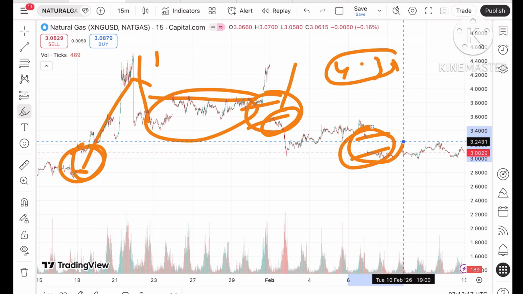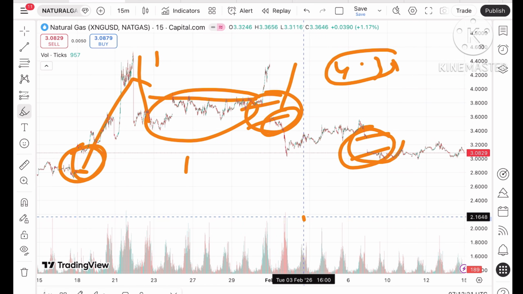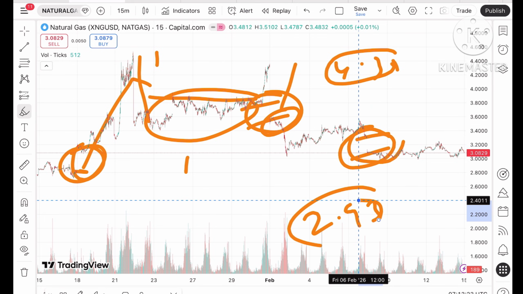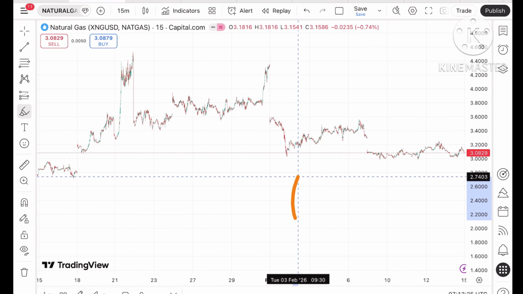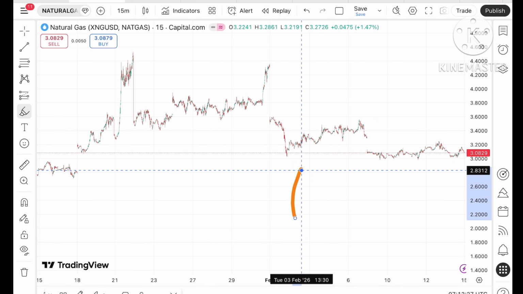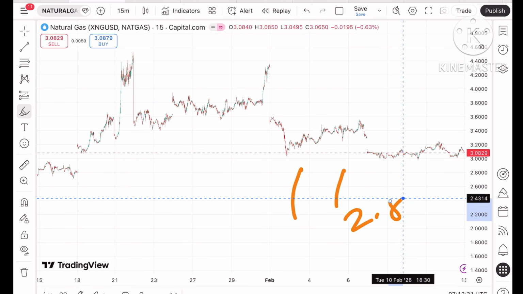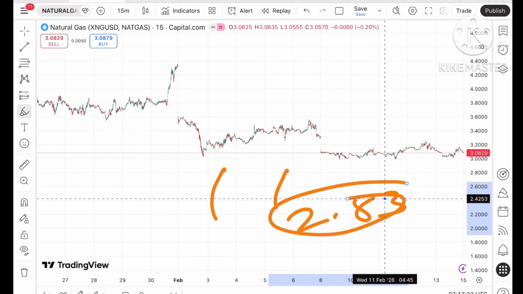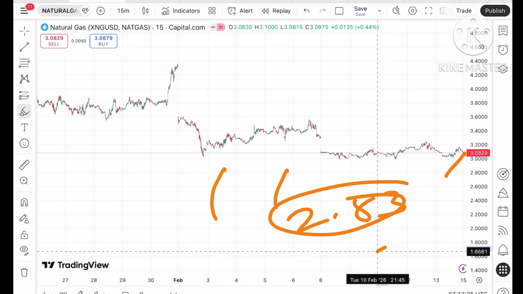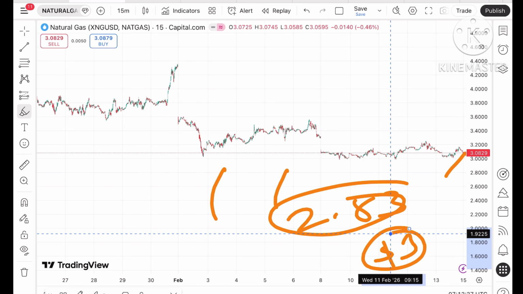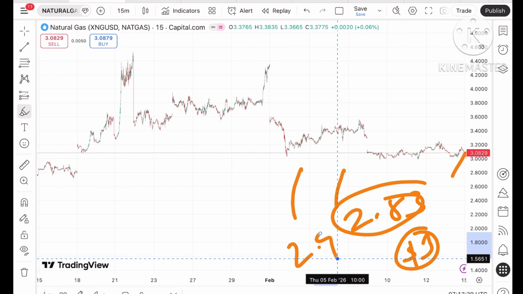Now if you look at this particular trend, the gap down is filling towards a level of around $2.93. This is the level where we can see the gap is still pending. Exactly, I can tell you it is towards a level of around 2.83. Okay, not 93, it is 2.83. If the price keeps moving below $3, chances of going towards 2.9 are there.